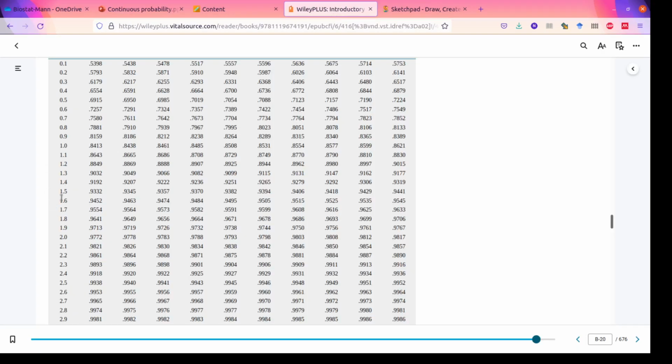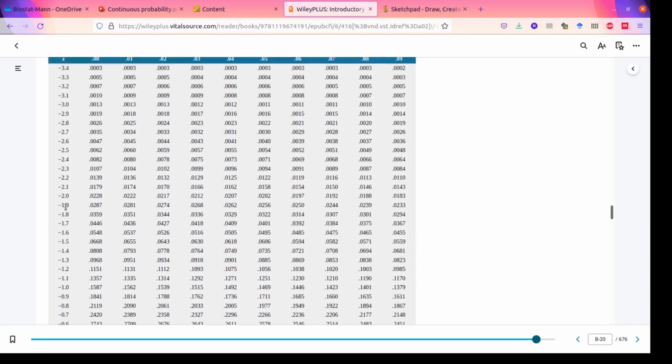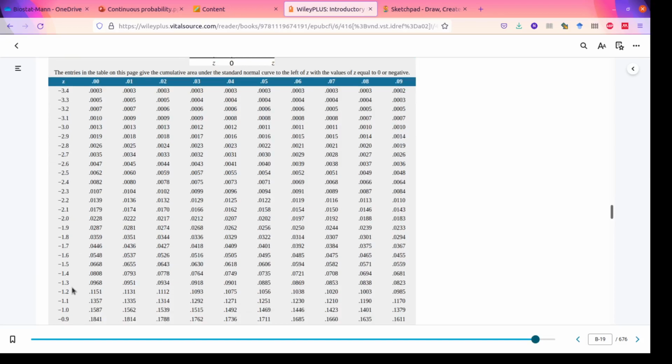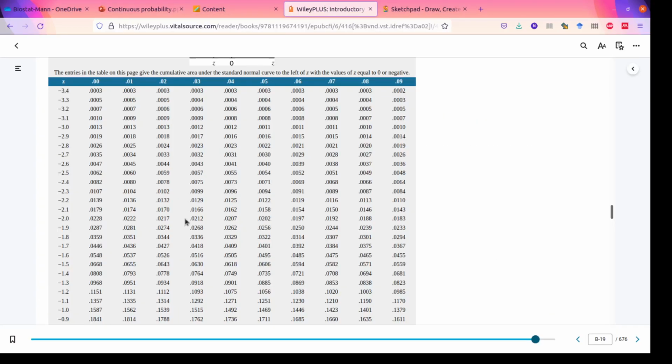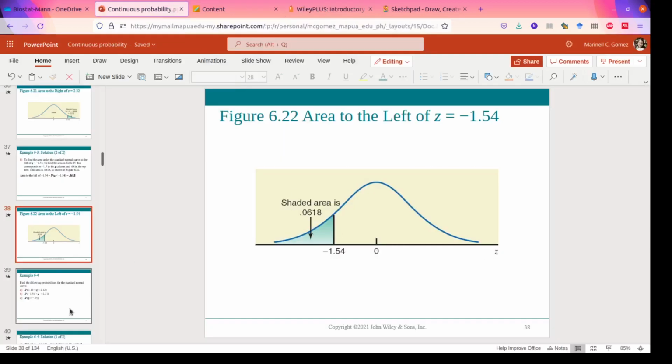So negative 1.54, 0.0618, right, 0.0618. So that is the actual shaded region.